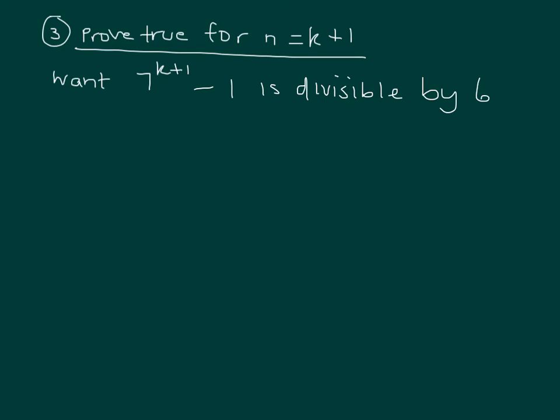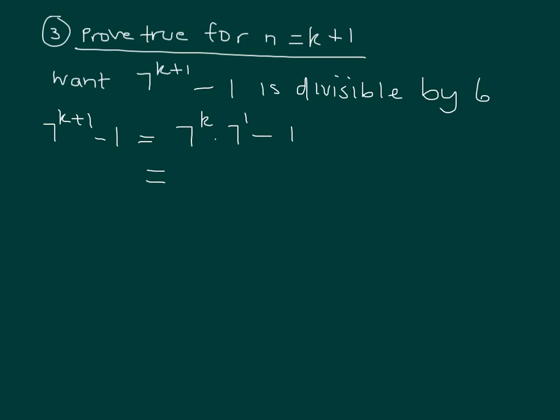That's what it means. Okie dokie, so what we've got is 7 to the k plus 1 minus 1. If we simplify that, because we've got to use a part from step 2, that's 7 to the k times 7 to the 1 minus 1.